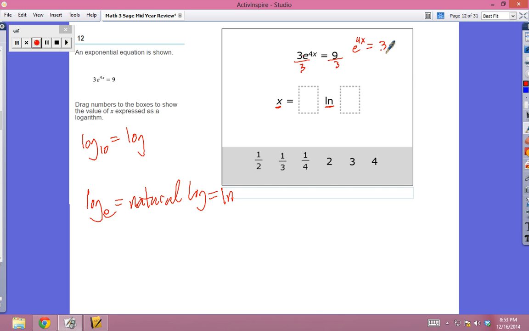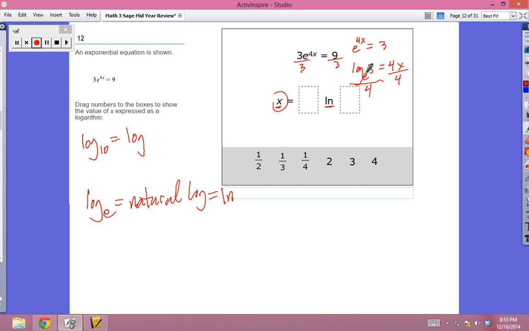Now if we want to morph this to a logarithm, e is going to be the base, and you're going to take the log of 3. And that is going to give you 4x. So now if you want x by itself, we just got to ditch the 4. So let's divide this side by 4, and let's divide this side by 4.